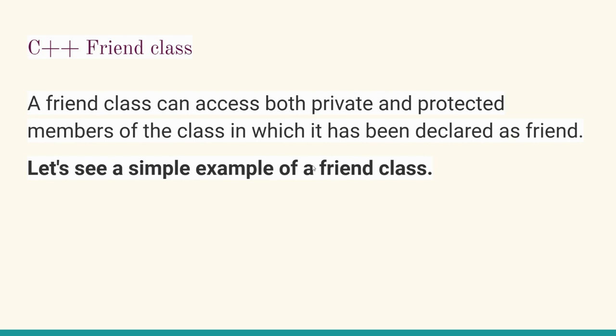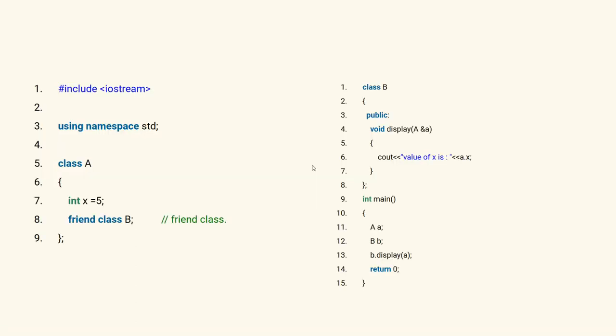After that, we will see about the C++ friend class. A friend class can access both private and protected members of the class in which it has been declared as a friend. We will see a simple example of a friend class. We are creating a class named A, and we are writing the private data member int x equal to 5 and a friend class B. This is the friend class.